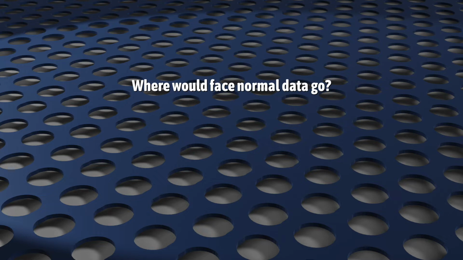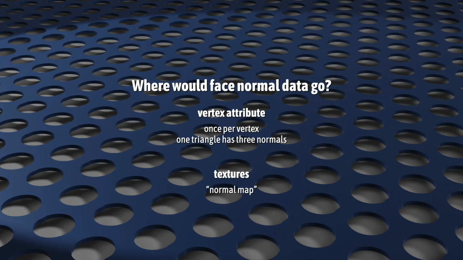No, for normals, we basically have just 2 choices. We can assign them once per vertex as an attribute. One triangle has 3 vertices. That means that each triangle has 3 normals. And though I won't go into it in this video, you can also pass in normal information in a separate texture image called a normal map. But for us here, normals are going to be going in as vertex attributes.